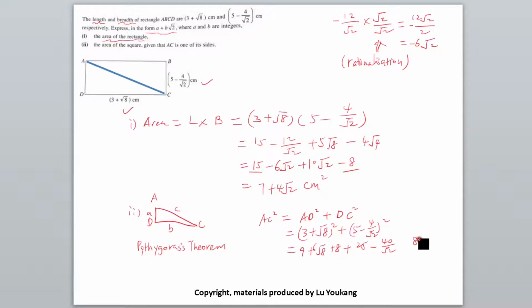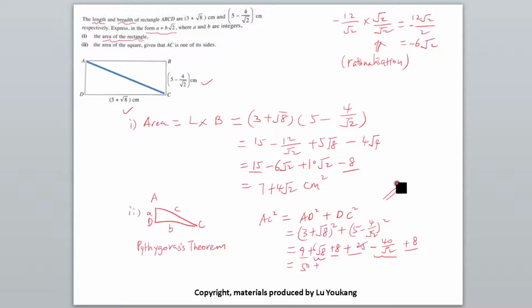So I have got 6 terms here, and I have one term which requires me to rationalize it, which is the minus 40 over square root 2 term. But before that, I think I can simplify it further first. Let me combine similar terms.